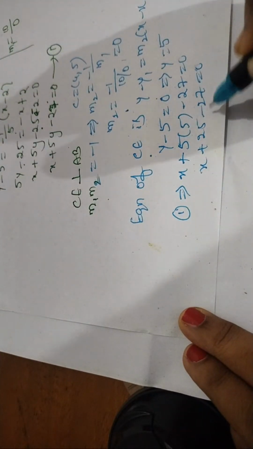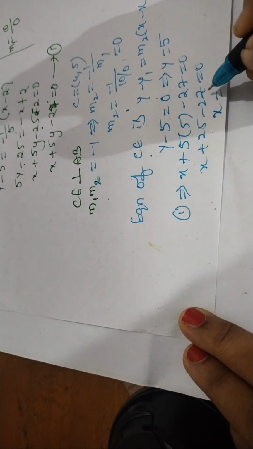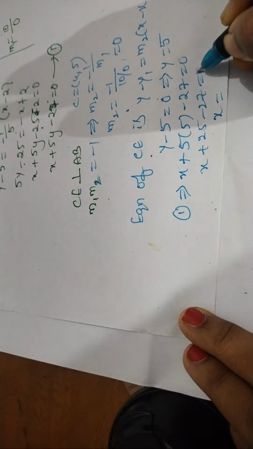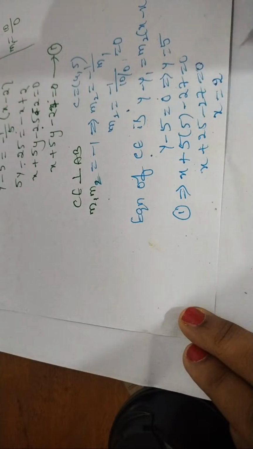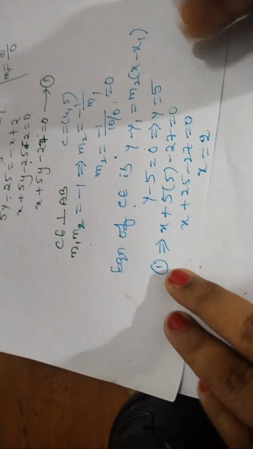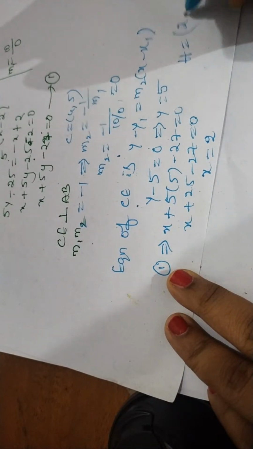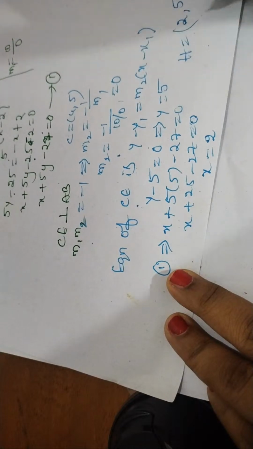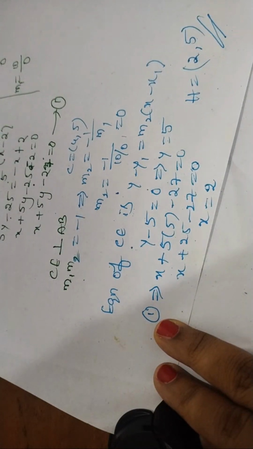Now what is the x value here? x is equal to 27 minus 25, which is 2. We get x is equal to 2. So these are the orthocenter values. What are the orthocenter values? We got here H is equal to (2, 5). So this is the orthocenter.